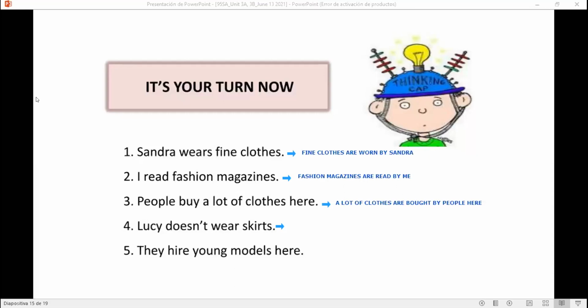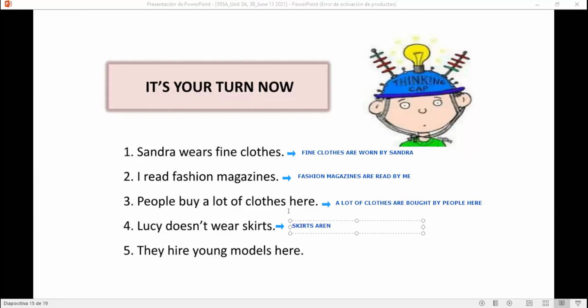Lucy doesn't wear skirts. ¿Cómo hacíamos una oración pasiva pero negativa? Skirts. Ujú. Aren't, teacher. Exacto, aren't. ¿Por qué aren't y no isn't, Vicky?